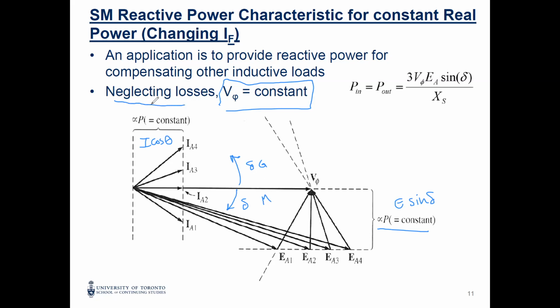This part is neglecting the losses, so it means the armature resistance is 0. This is mainly the main one. And it's not just the resistance because we have other losses, core losses and other losses. So we assume that there are no losses just to make sure that the input equals the output.